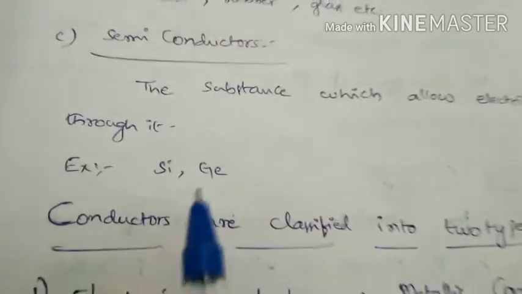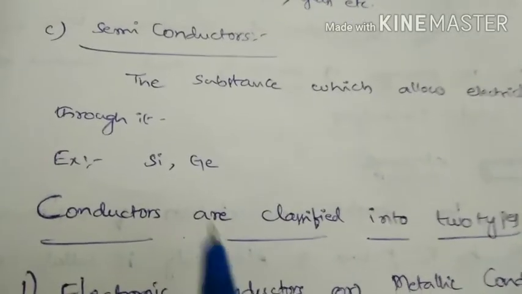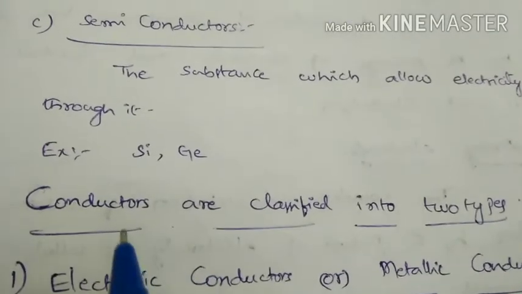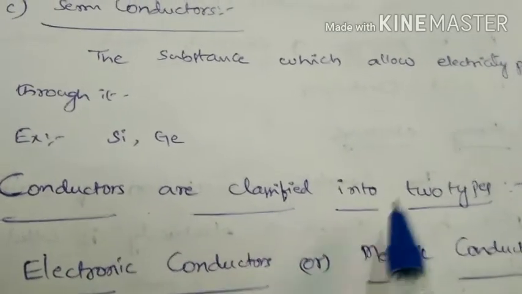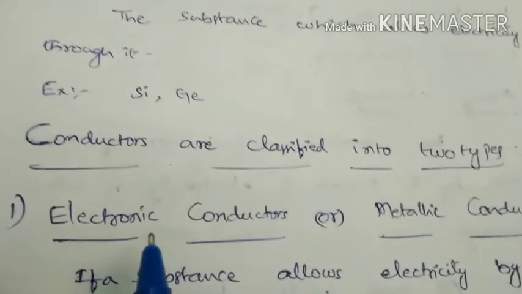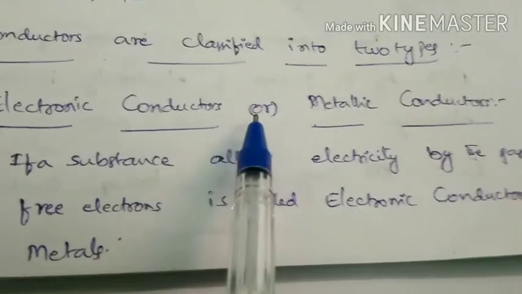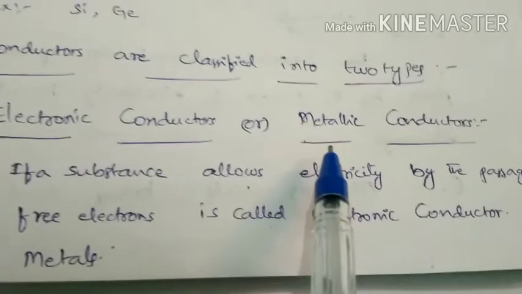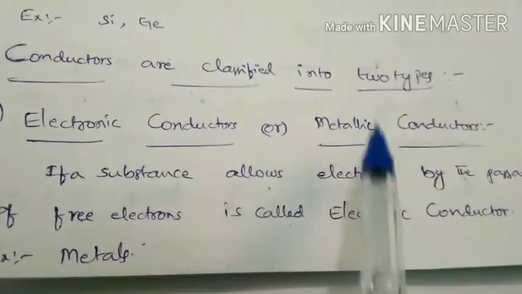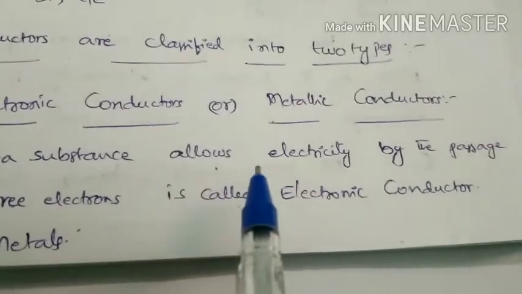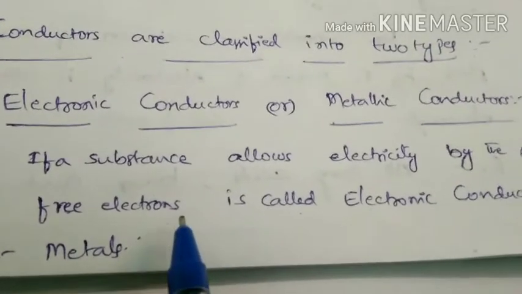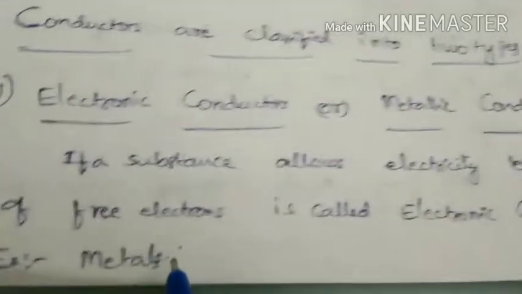Next one, some more types. Conductors are classified into two types. They are electronic conductors or metallic conductors. The definition is, if a substance allows electricity by the passage of free electrons, it is called electronic conductor.